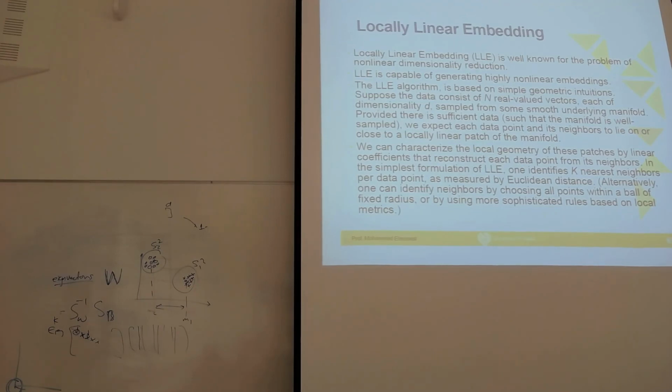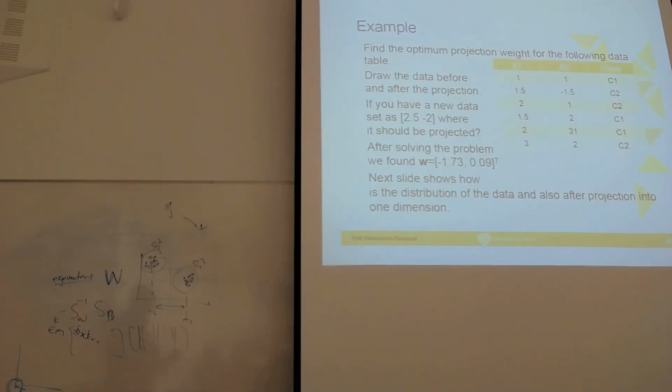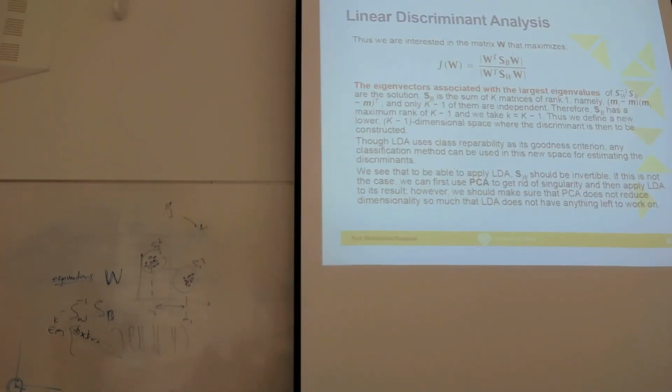I will mainly skip this one, but I recommend that you read it. In case you have non-linear type of data, how to solve it with a locally linear embedding method. Simply, we can divide the regions of that non-linear shape into some small linear areas, and then we can work the same way as we did here for the linear case, but only for local dimensions from the total data.